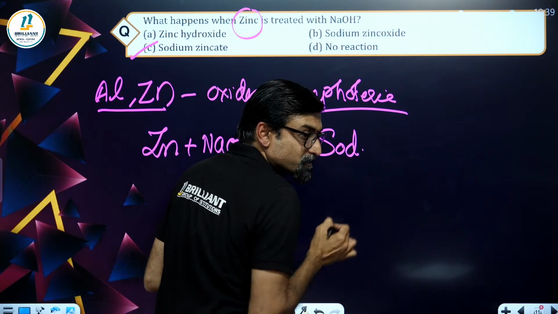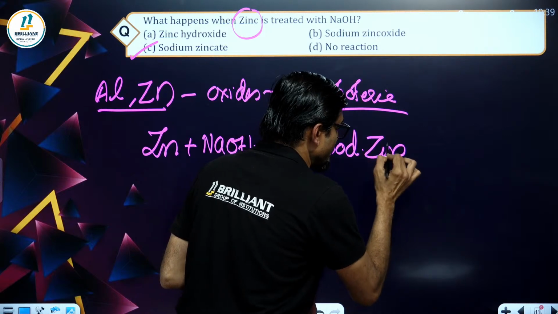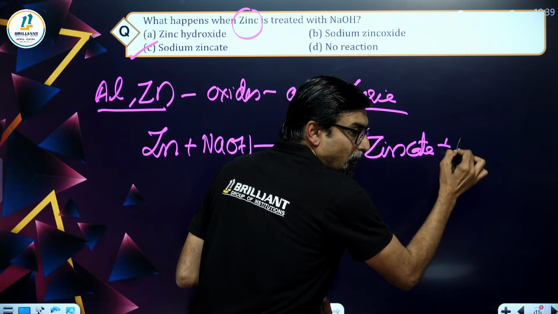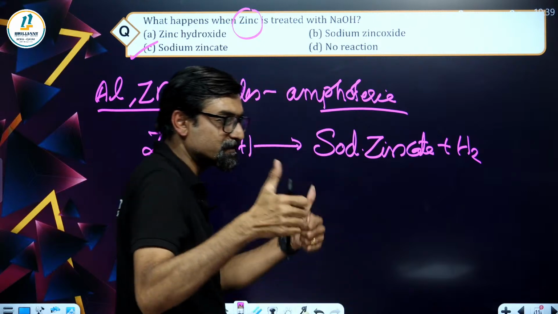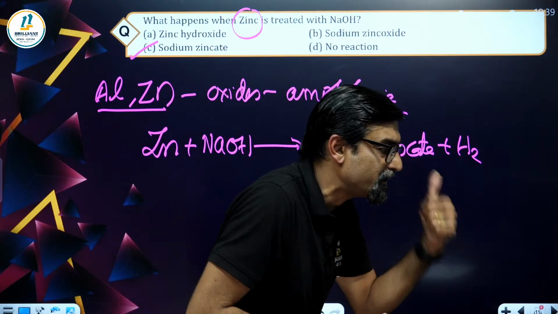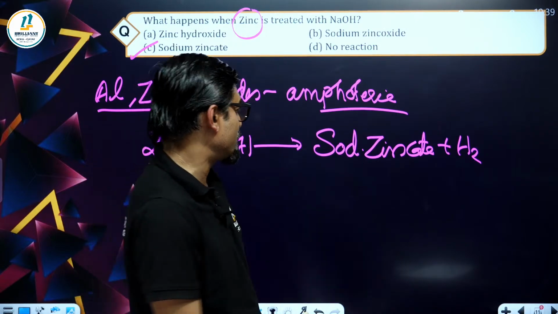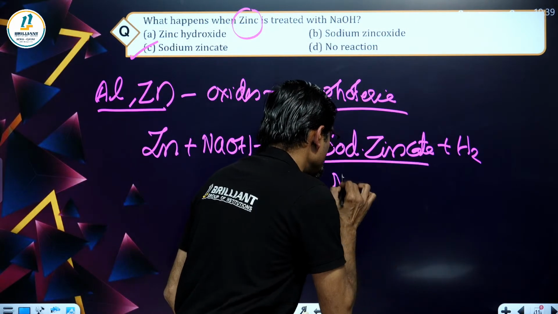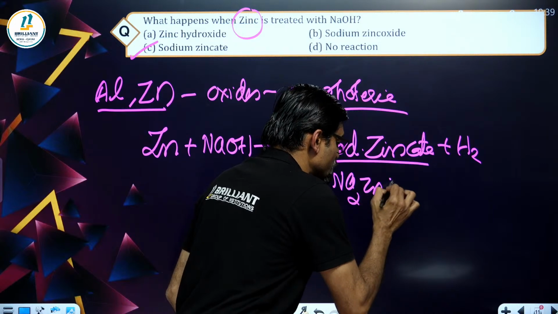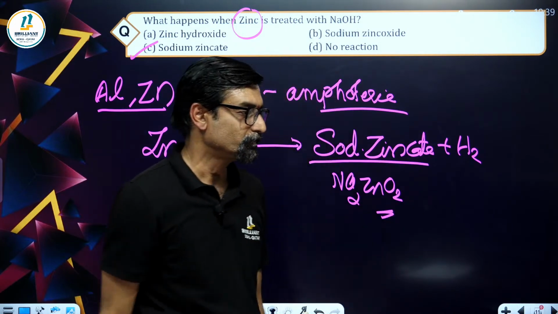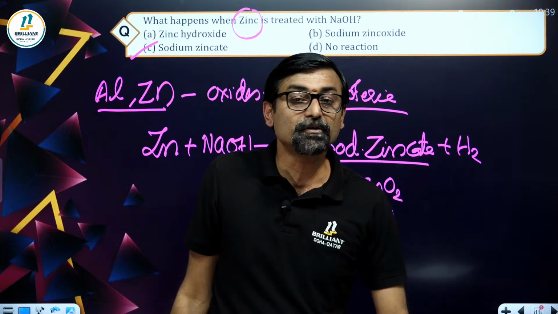Let me get the formula from my students here. Yes, Safin Parker, the first one. Na2ZnO2. Very good, beta. So he got the answer first. Na2ZnO2. Good.